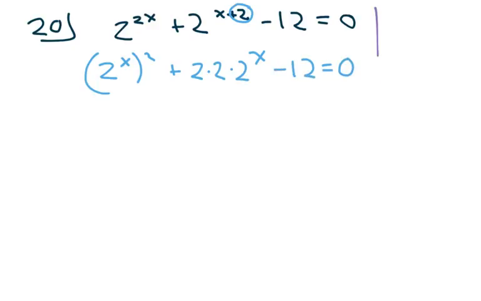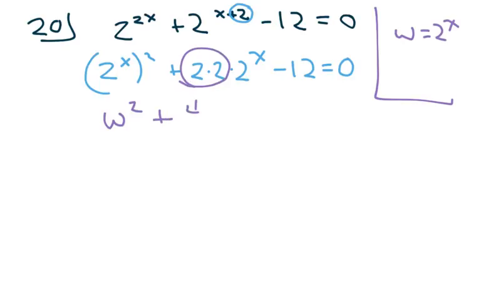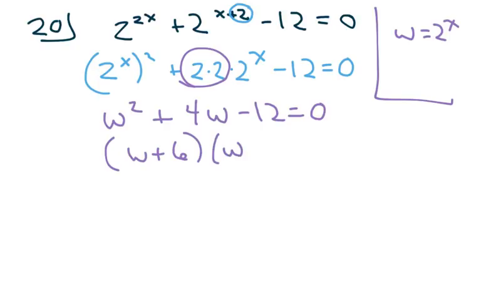I'm going to let w equal 2 to the x. So I have w squared plus this equals 4, so 4w minus 12 equals 0. I'm going to factor, it's going to be plus 6, not x, but w. So we have (w plus 6)(w minus 2) equals 0.